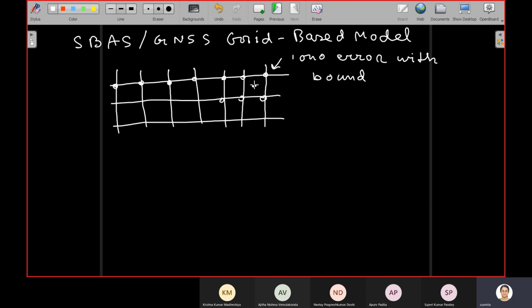He or she can find the ionospheric error at his or her position using these corner grid point iono errors and some interpolation techniques. So using a suitable interpolation technique, it's possible to find the ionospheric error within the grid from these corner grid points.